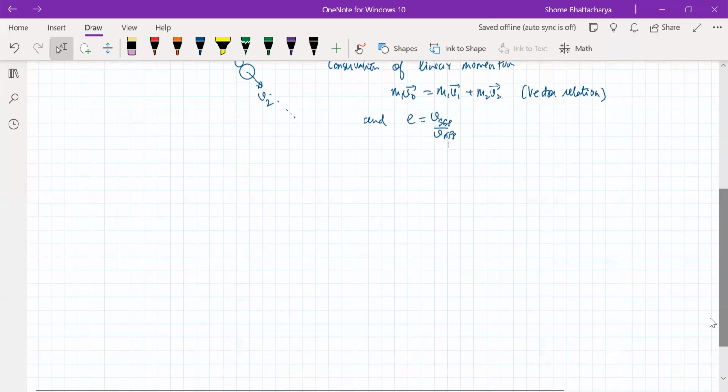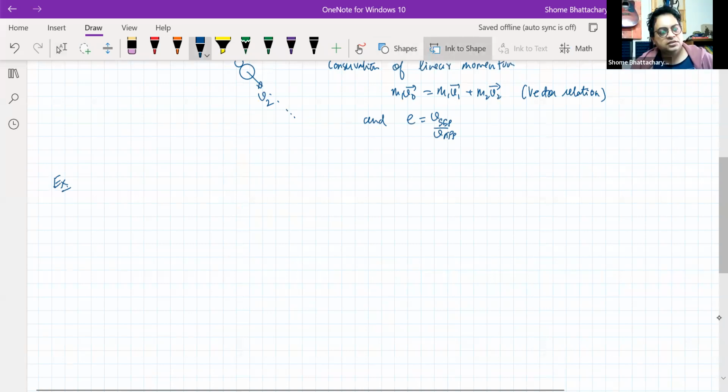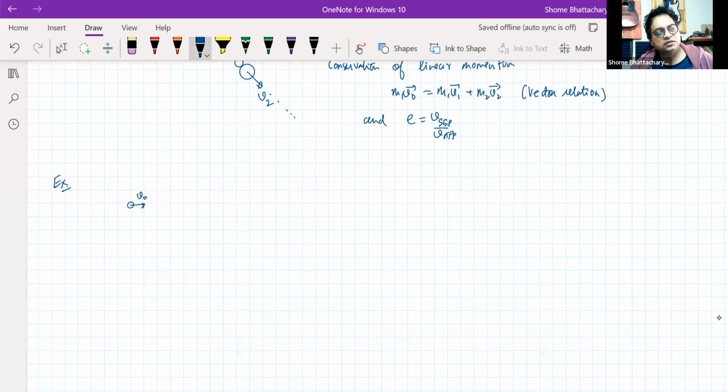Okay, so let's start with the first level example. In this, a particle like this, with an initial velocity like this, comes and hits something which is comparatively larger in size, which is at rest.